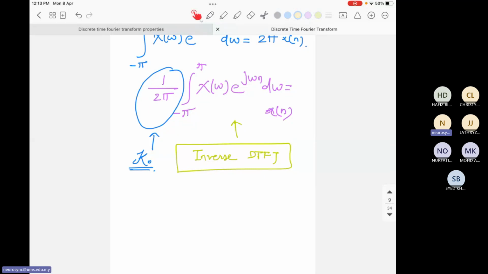So if given the DTFT, discrete time Fourier transform, then I can go back and find the original sequence x of n.